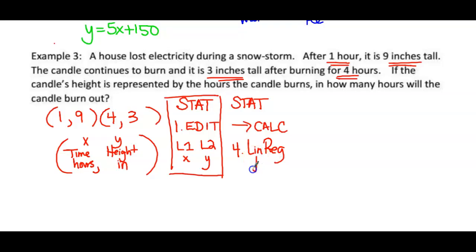And then you're going to arrow all the way down to calculate. If you follow the directions correctly, you should have your slope and your y-intercept. So the equation we should write is y equals negative 2.5x plus 11.5.